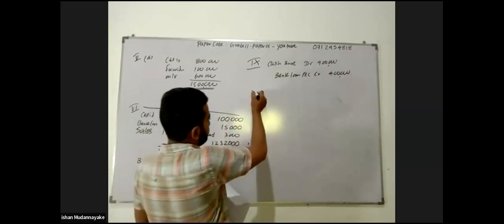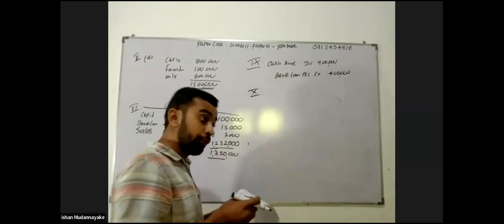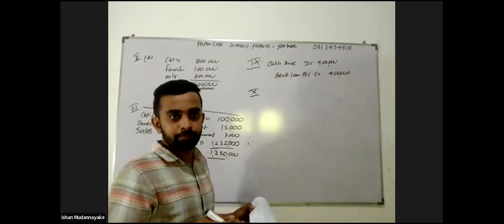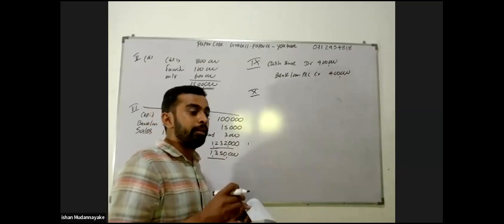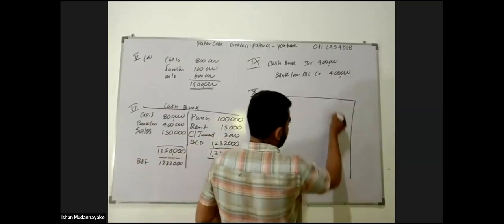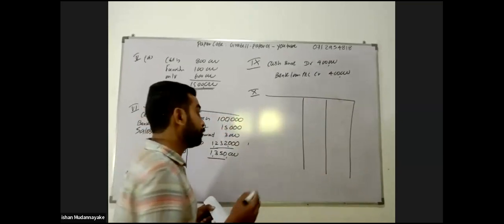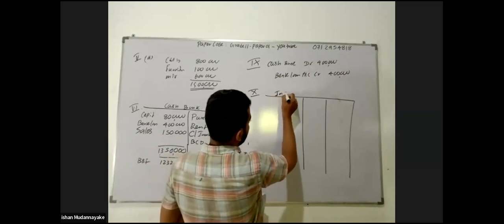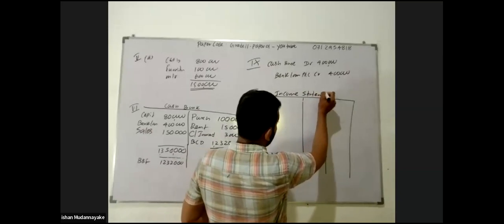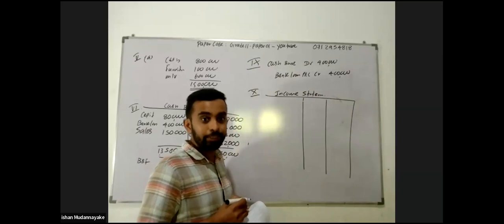Problem number 10. Calculate the profit of the business for the month of January. Students, for the second paper, first question, most of the time the examiner provides information for a specific month. Therefore, you need to prepare an income statement for that month.